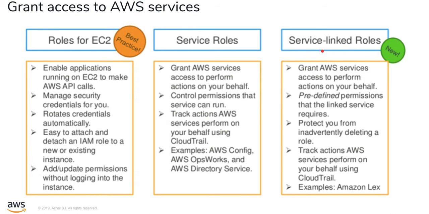There is also a new variant of granting access to AWS services that is called service linked roles. These already have a predefined set of permissions that are linked to the service. When you enable those services, it would do certain actions on your behalf. One such example is Amazon Lex.